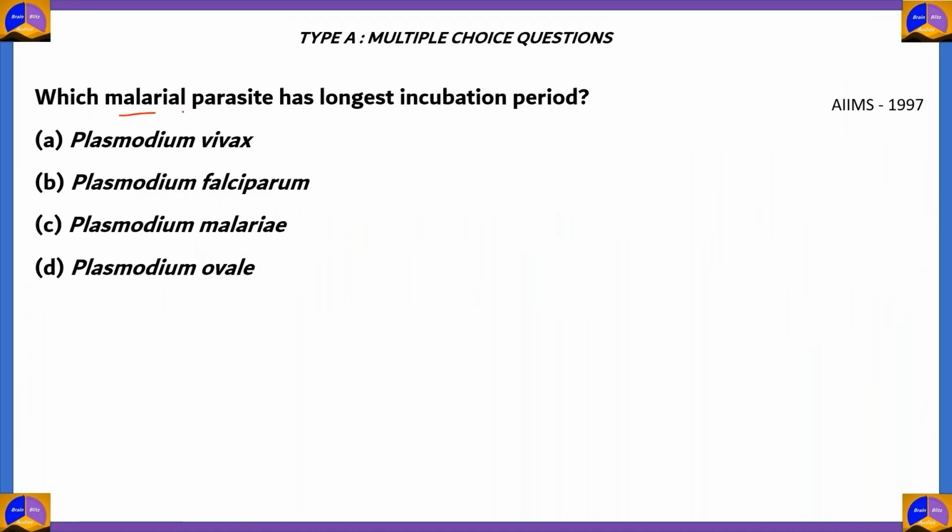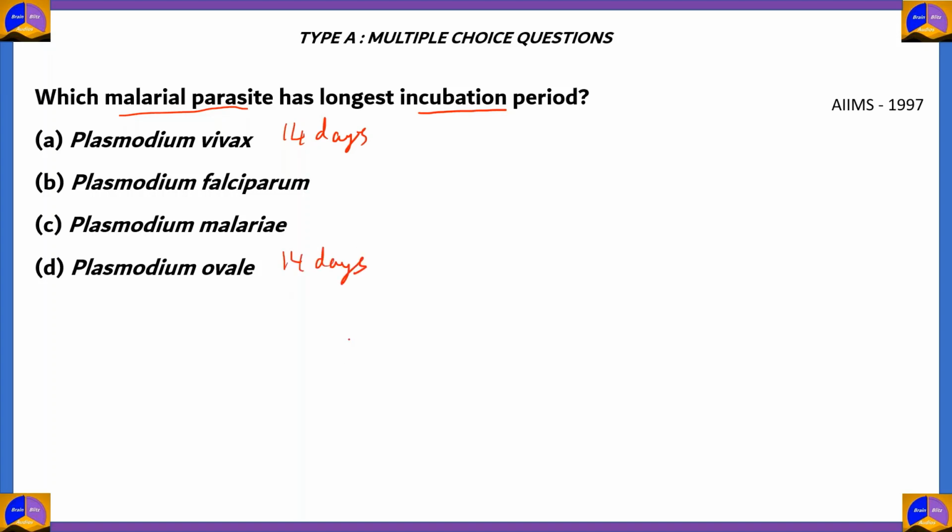Which of these malarial parasites has the longest incubation period? Plasmodium vivax, Plasmodium falciparum, Plasmodium malariae, and Plasmodium ovale. Now note that all of these produce malaria, but each of them have different incubation periods. Options A and D, Plasmodium vivax and Plasmodium ovale, have 14 days as their incubation period.